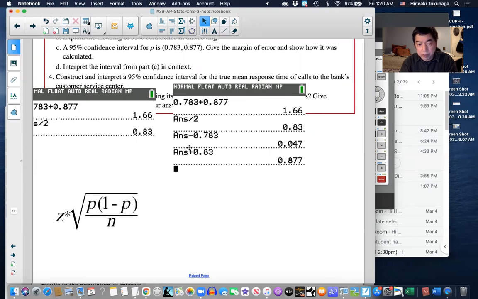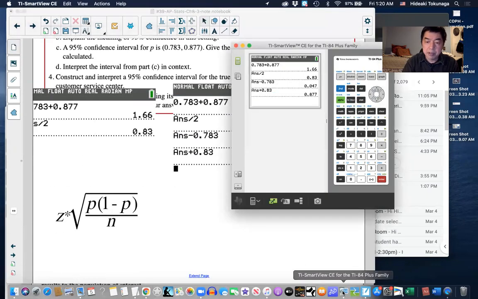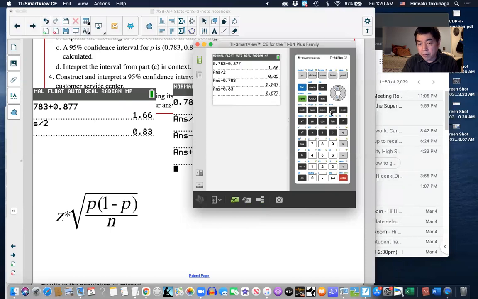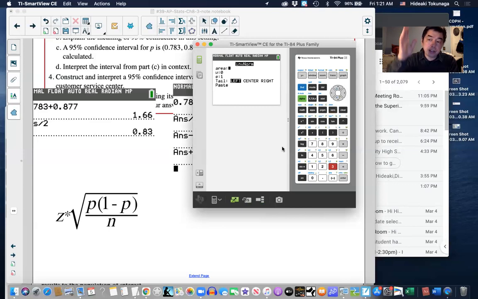Let's plug in the values. Z star for 95% is one tail, so let me clean up everything and use the second bars, inverse norm. 95% means 5% in the tails, so one tail is 2.5%, 0.025, with mu 0 and standard deviation 1.